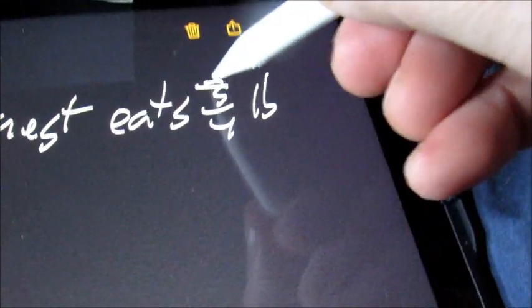The next question is going to be a word problem that can be kind of confusing. So what it is: each guest eats 3/4 of a pound. I'm going to write this so that it's legible.